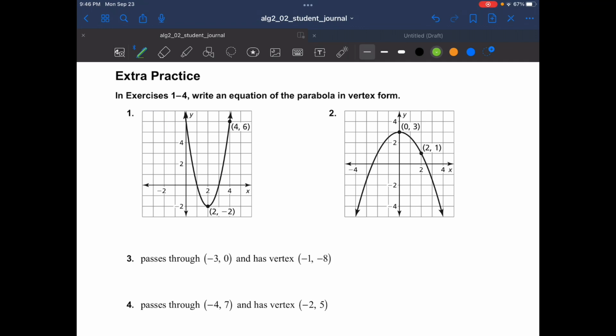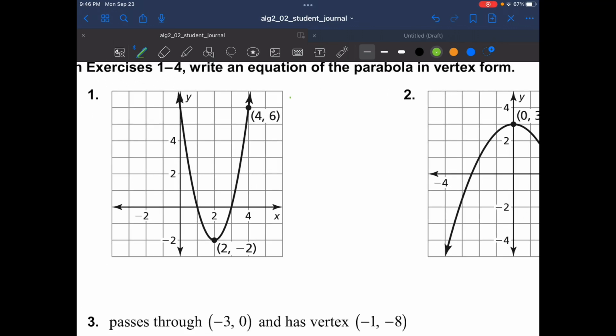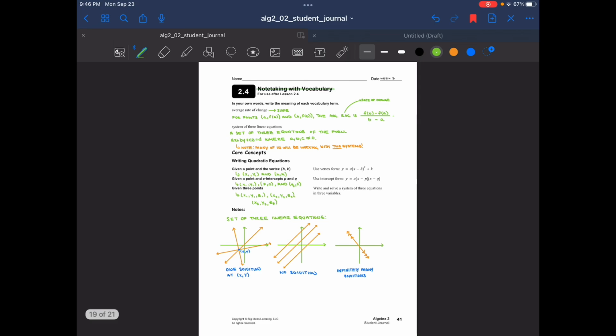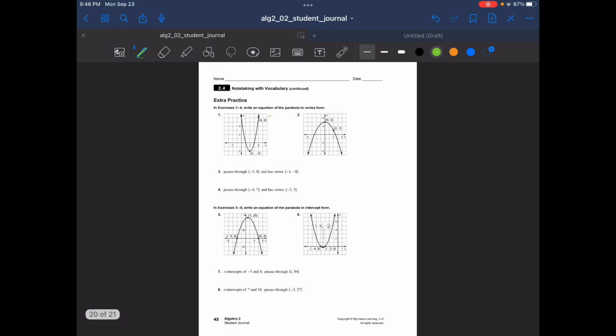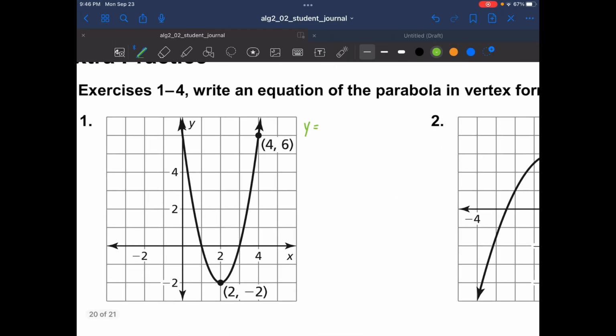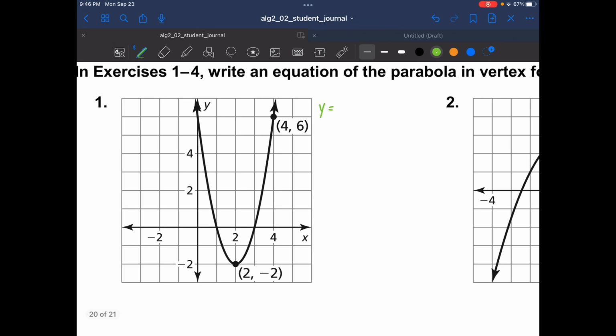All right, let's go ahead and get started. So I'm given a vertex and a point. So the first thing that I'm going to do is I'm going to go ahead and write out the form that I need to be using. So I need to be using y equals, and let me make sure it wants me to use y. Yes, awesome. So we're going to use y equals a times x minus h squared plus k, okay?